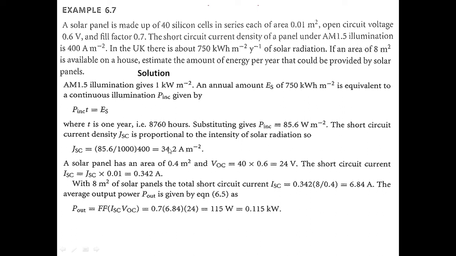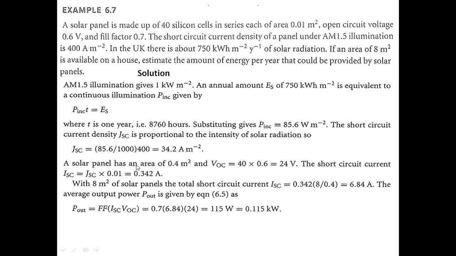You can see this is the current density here. I have to multiply my current density by the area of a single cell to get the total short circuit current that my single panel will produce. You multiply 0.01 with the current density, and you get 0.342 amperes.